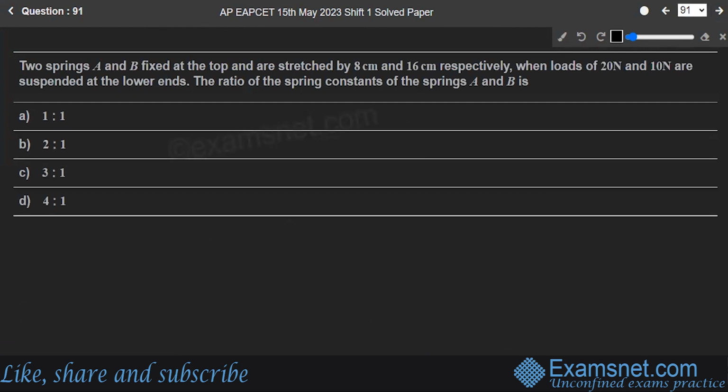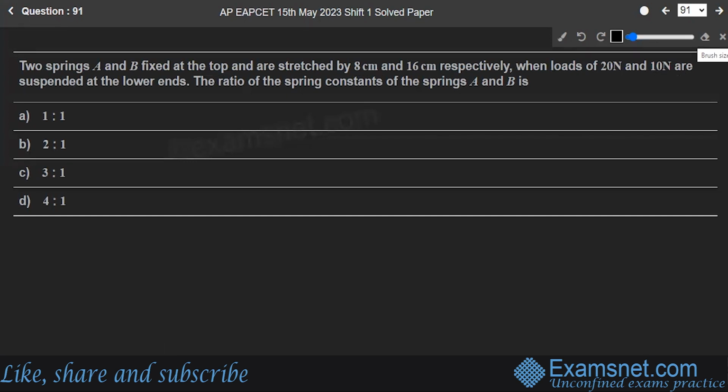Two springs A and B fixed at the top are stretched by 8 and 16 centimeter respectively. When loads of 20 Newton and 10 Newton are suspended at the lower ends, the ratio of the spring constants of the springs A and B are. Okay.